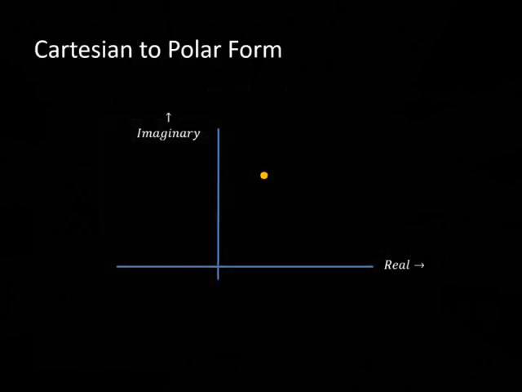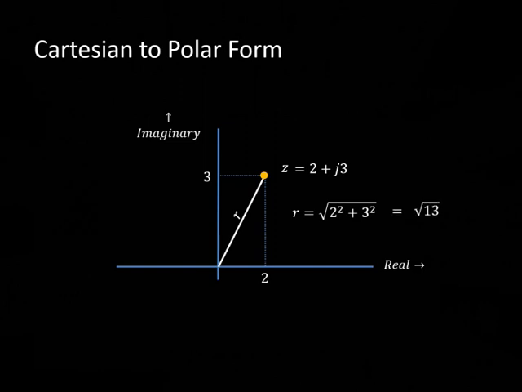Going back to complex numbers and the fact that they form a right-angled triangle, we can see that that point specifically has an imaginary part of 3 and a real part equal to 2. The magnitude of this vector is given by the square root of 2 squared plus 3 squared, which is equal to square root of 13.